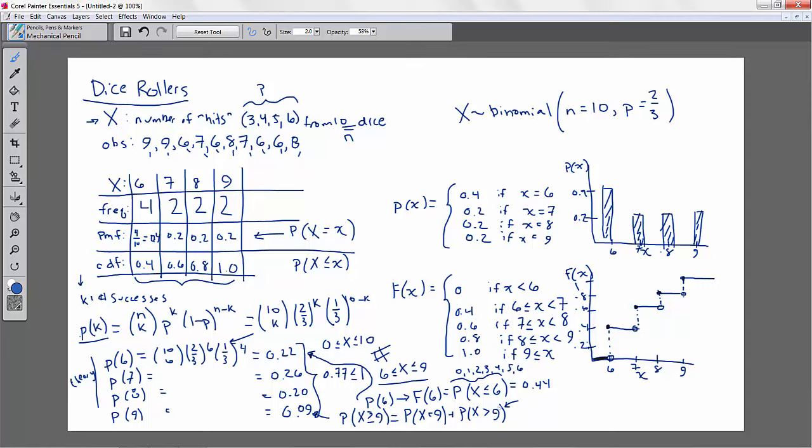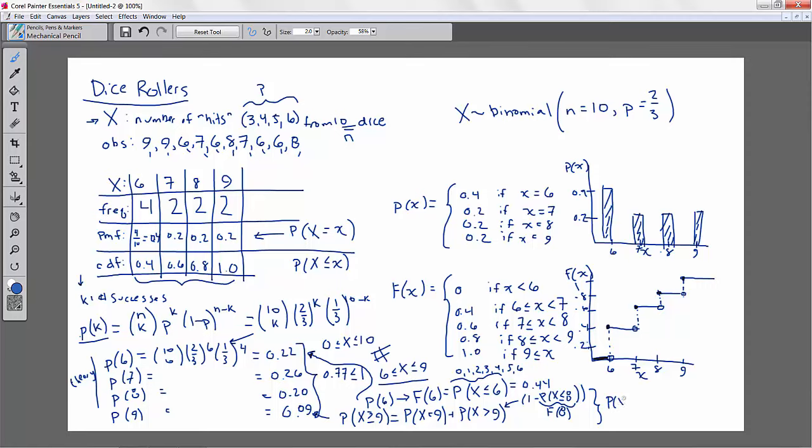The probability of x greater than 9 is really 1 minus the probability that x is less than or equal to 8. And this is the CDF of 8.